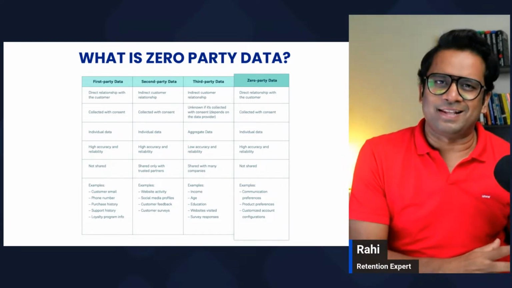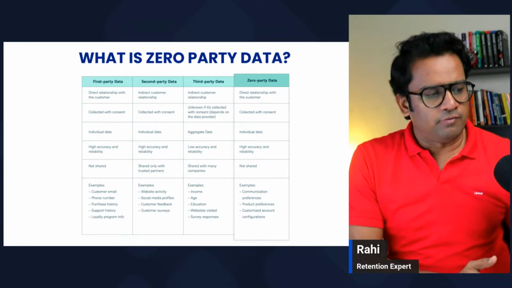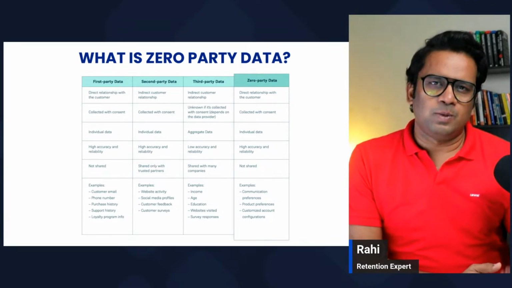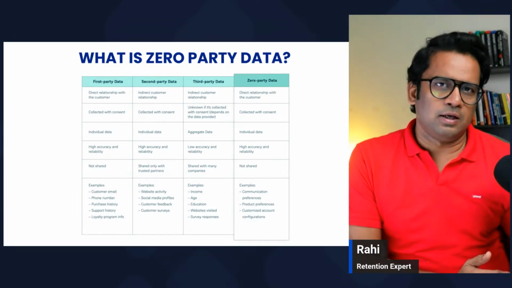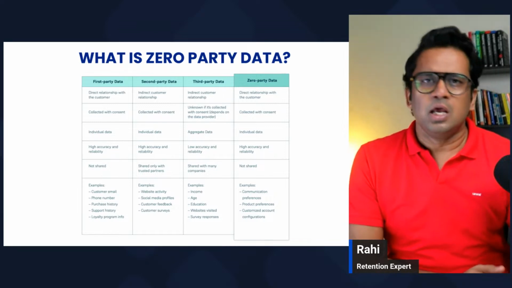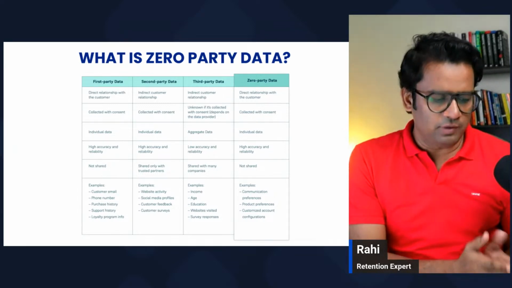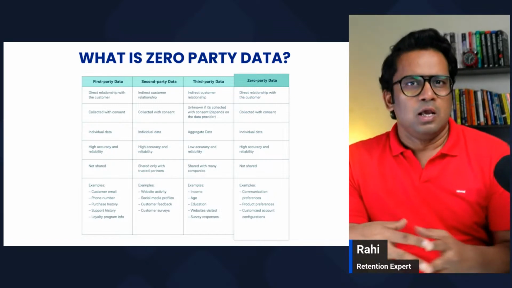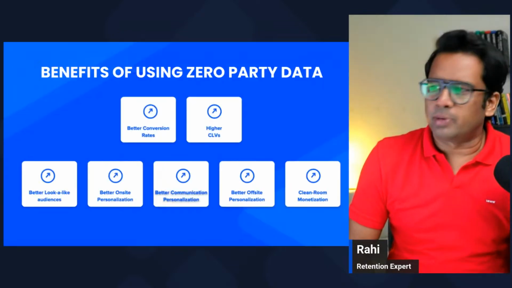From the definition, first party is what they have not explicitly shared, but they have been made to share, due to the website structure, like login information. Those come under first party data. But if they have willingly shared anything more than that, or if you asked for anything more than that, then it comes under zero party data.